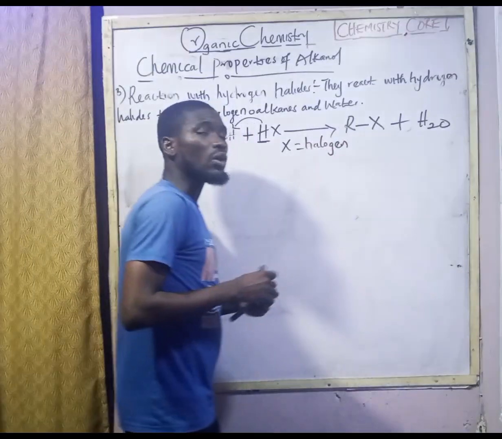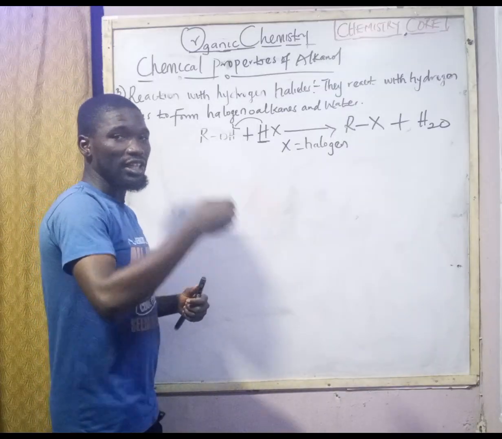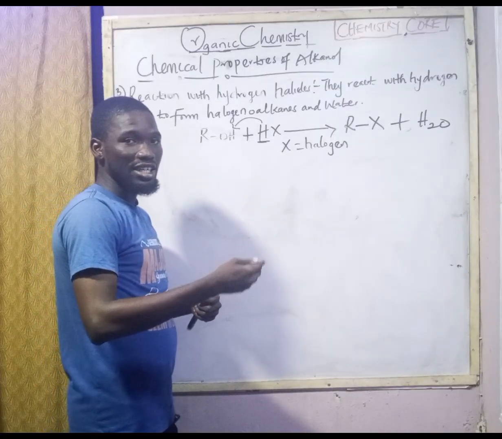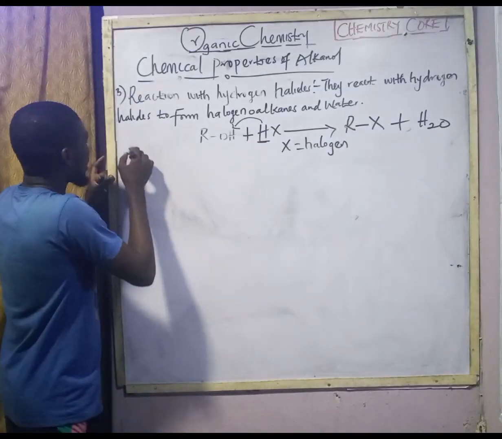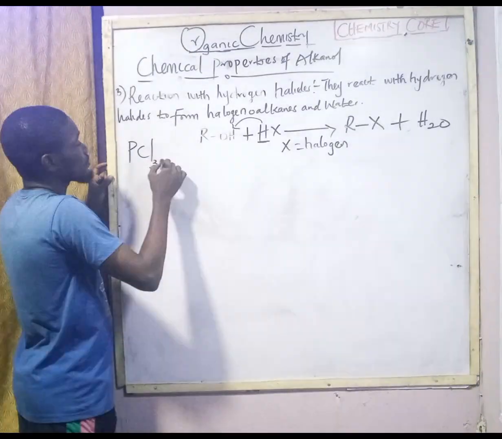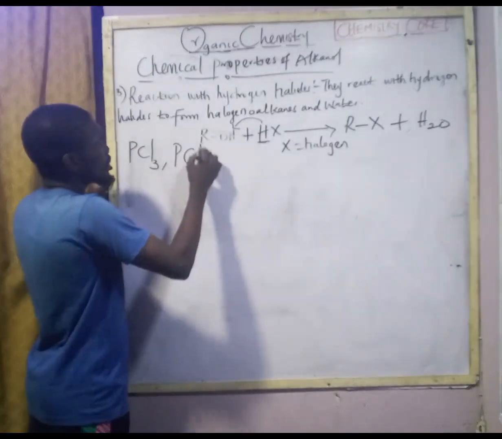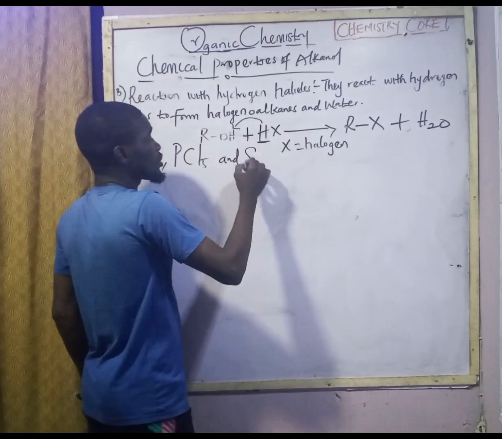So now, why do those inorganic halides come in here? The inorganic halides of nonmetals act as a catalyst. So we have phosphorus trichloride, phosphorus pentachloride, as well as thionyl chloride.